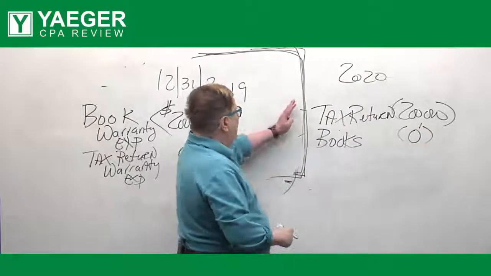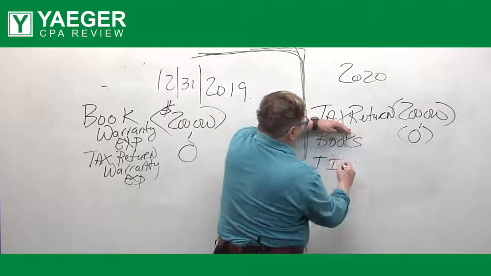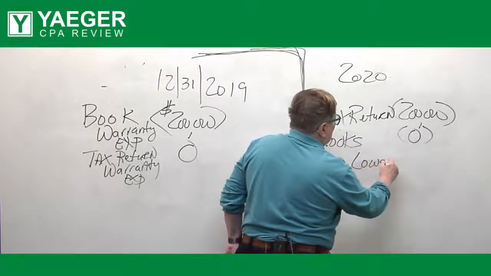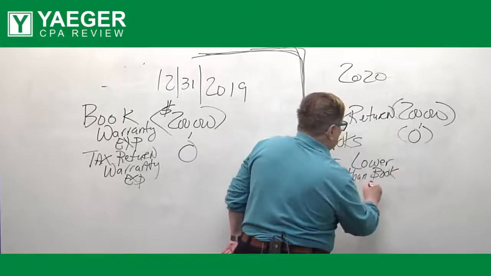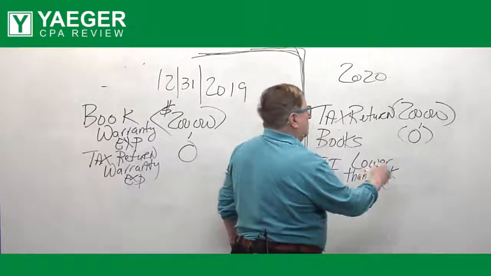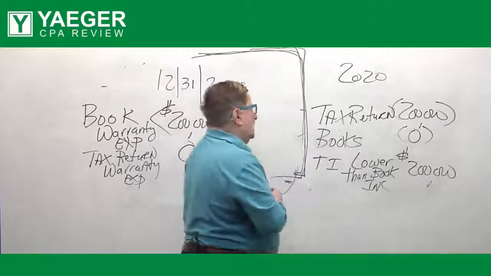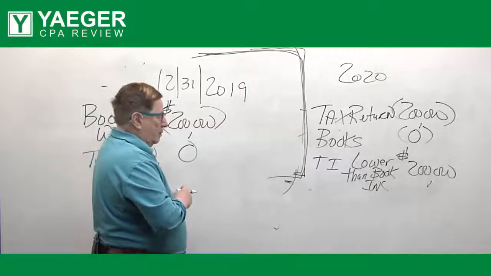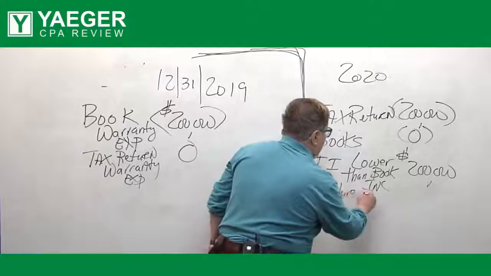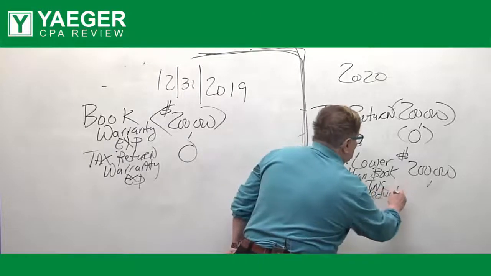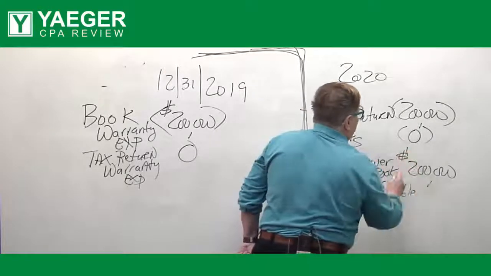So when this reverses itself, taxable income will be lower than book income by $200,000. Now, when taxable income in the future is lower than book income because of a timing difference, this is called a future deductible amount. That's what this $200,000 is.